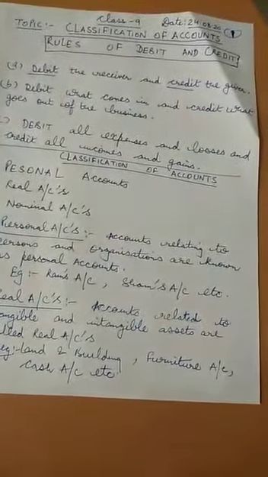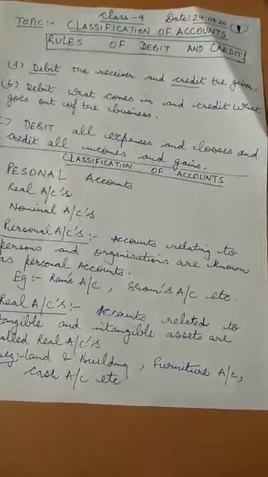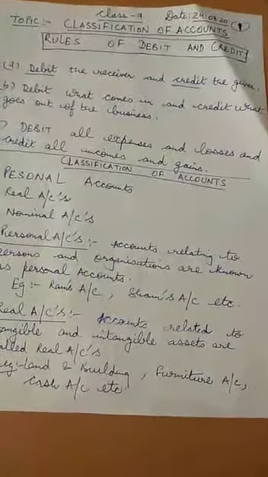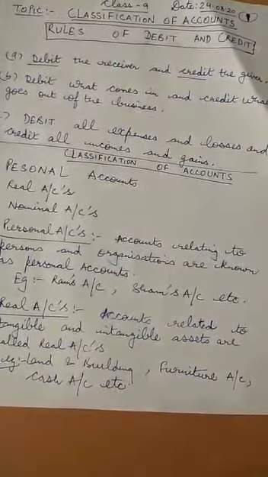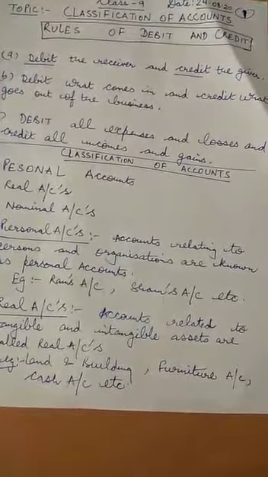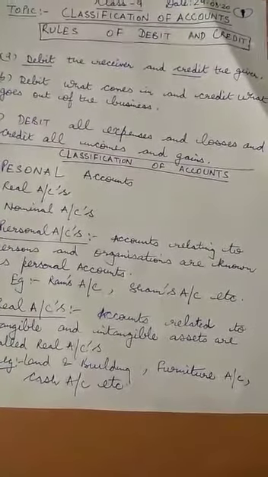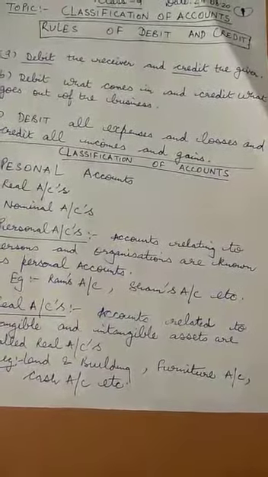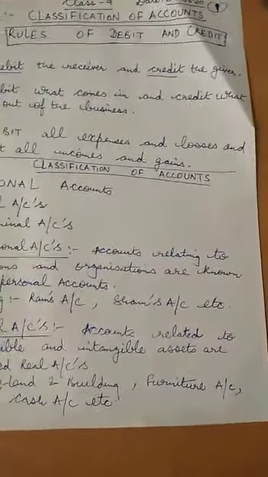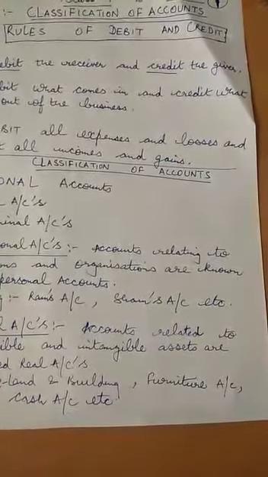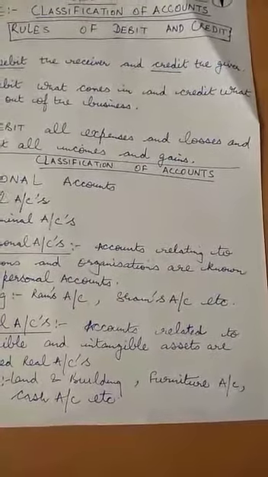Children, we all know, as discussed earlier in the previous chapters, that a company is an artificial person. So the accounts of the companies also come under the category of artificial accounts in the personal accounts. Say, for example, Christian Lal and Sons account, ABC and Company account, etc.